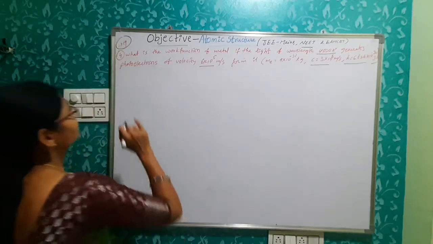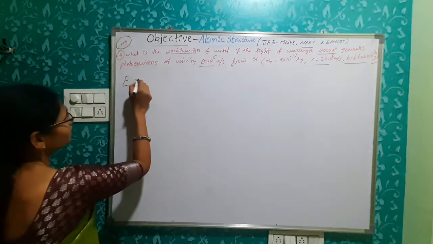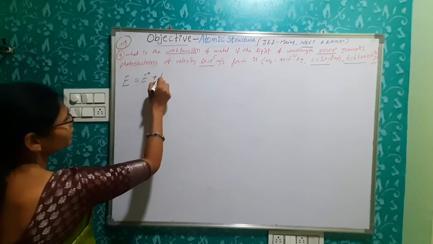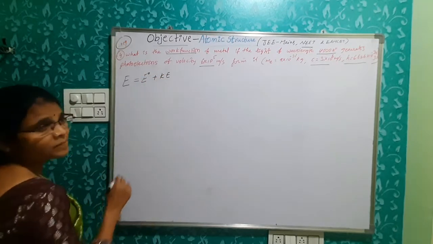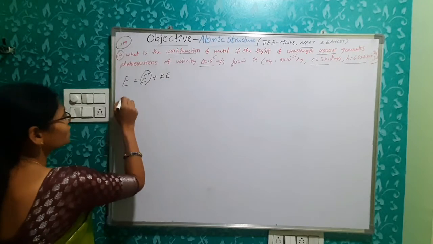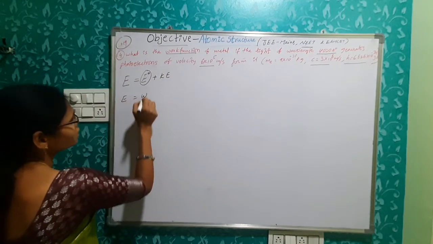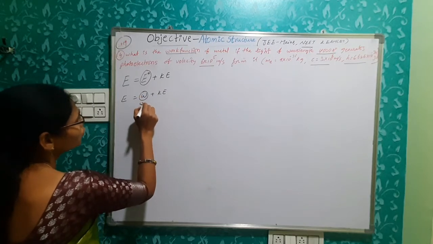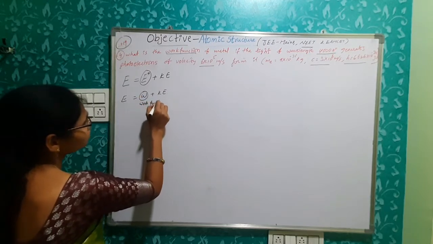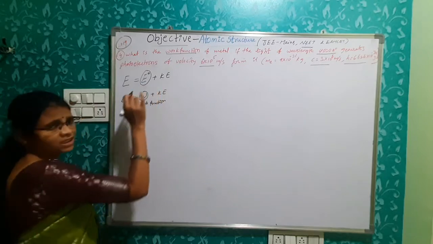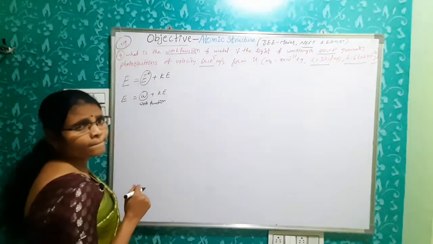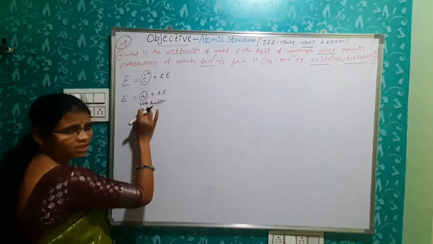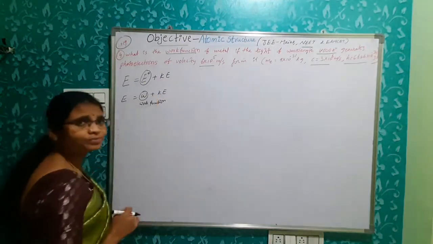Okay. So the incident energy is equal to threshold energy plus kinetic energy. This threshold energy is also known as the work function W. Because this energy is used to eject electrons, some work is done, that's why it is called the work function.